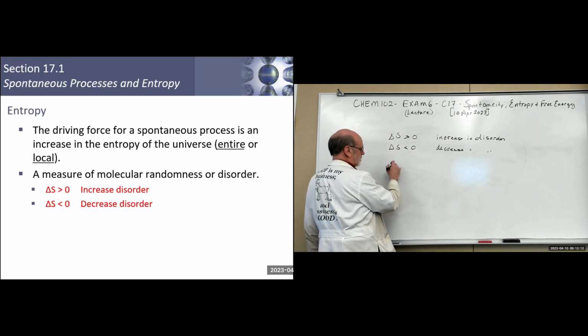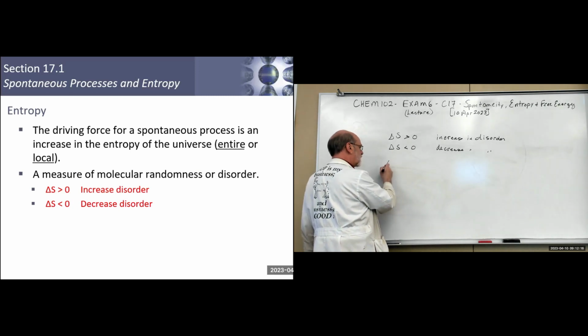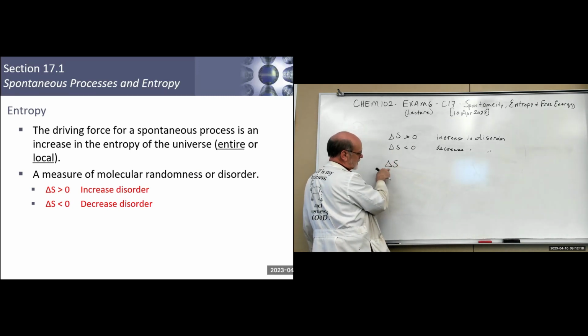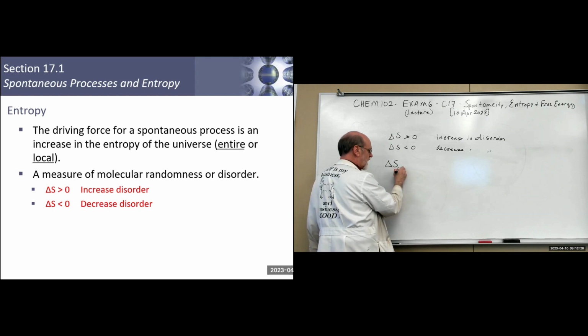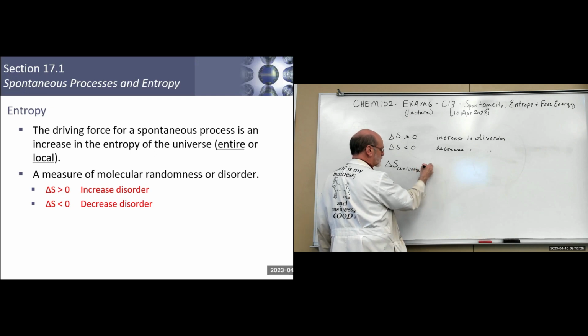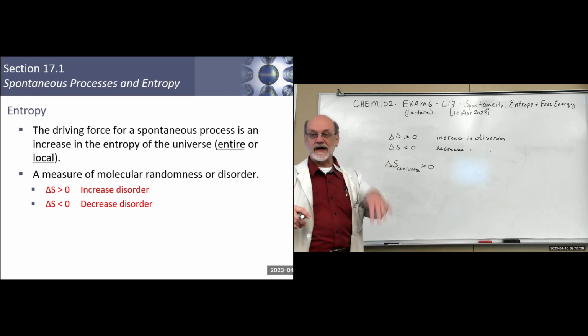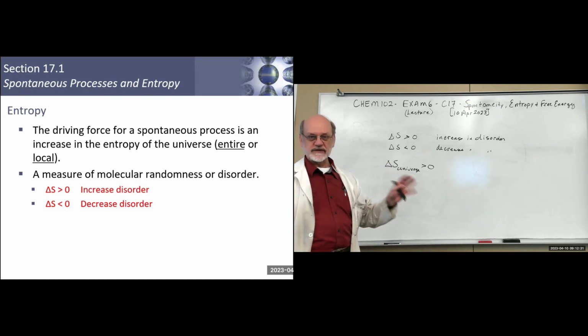So if we think about the entire universe, everything we know, then we can say that the change in entropy for the entire universe is always greater than zero. In other words, the universe is running down. It's becoming more and more and more disordered.